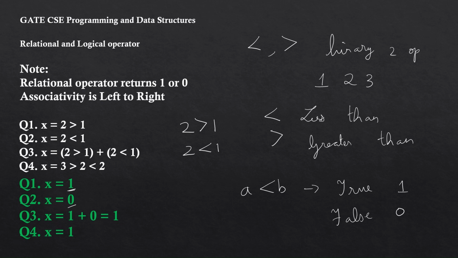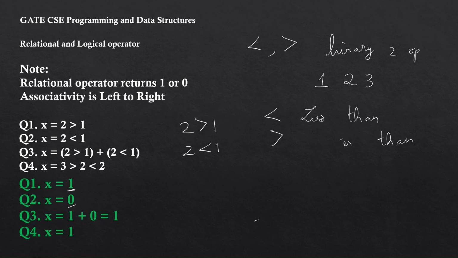So the computer, when it sees a lot of values, how is it going to evaluate it? There is an order, a sequence in which we evaluate it. When we say how we evaluate, it can be either left to right or right to left.